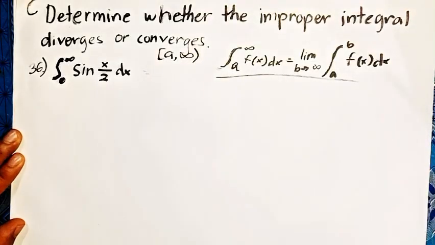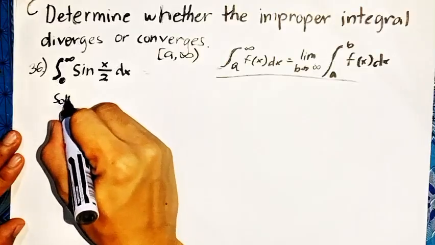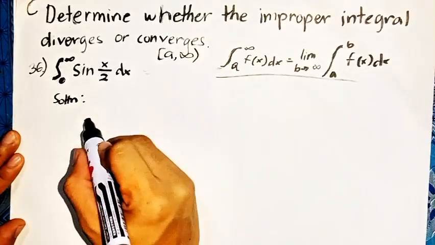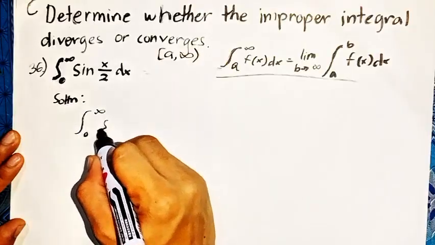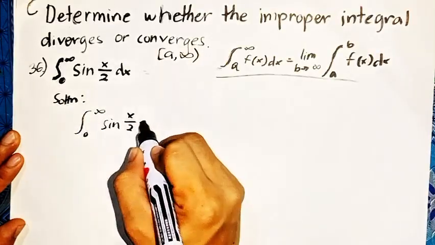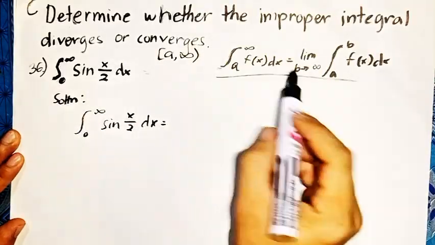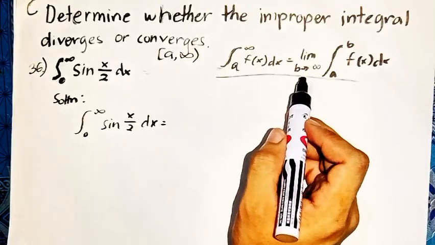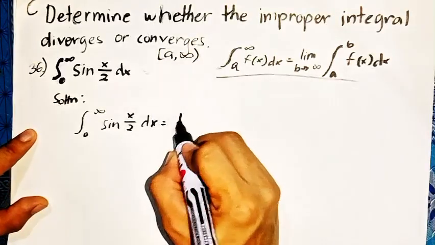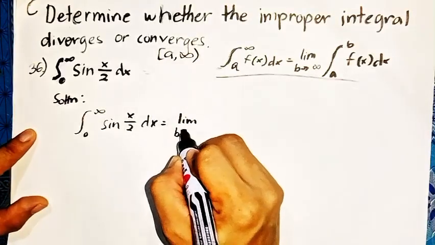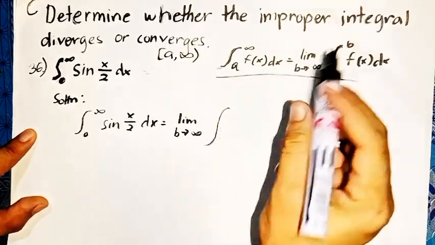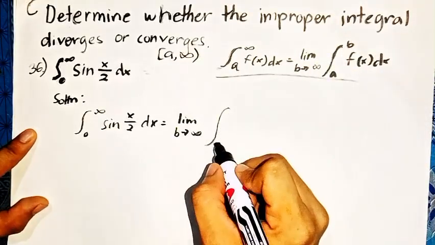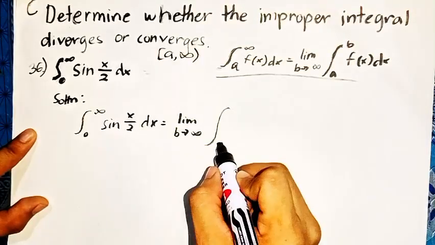So let's start. We have the integral from 0 to infinity of sine x over 2 dx. So in our definition, we have the limit as b approaches infinity of the integral from a to b, where our a is 0, right?